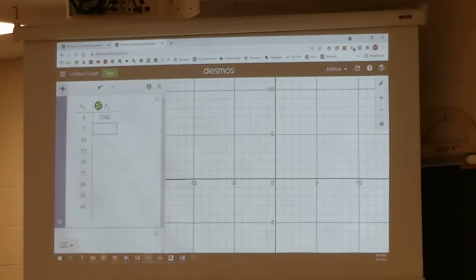If by chance I missed you, remember we hit the little plus sign in the corner and we went to add item table. Now, it might be nice if we could see what was going on here, that is, if we could see these points.